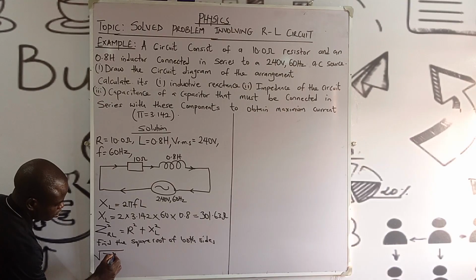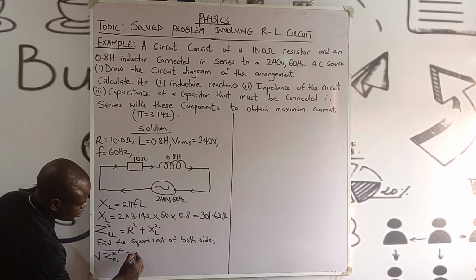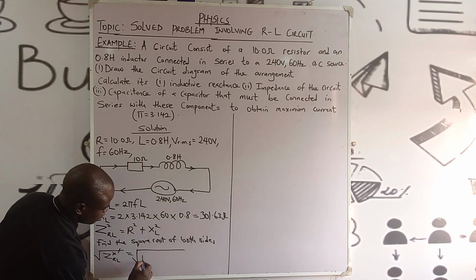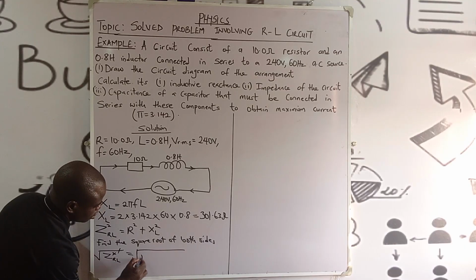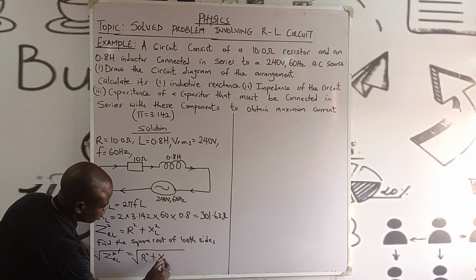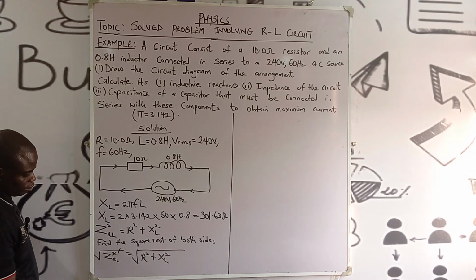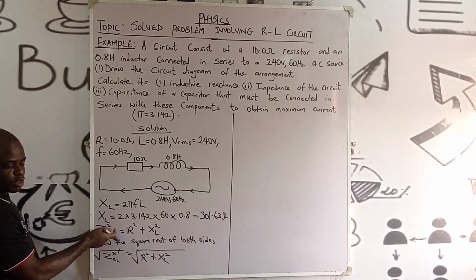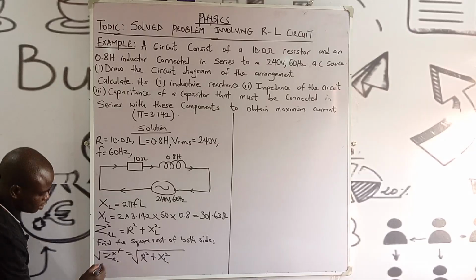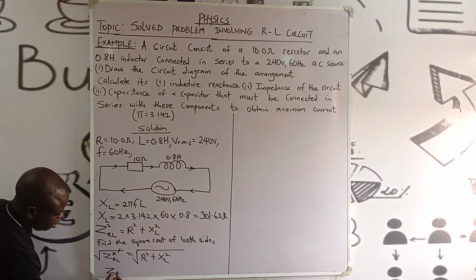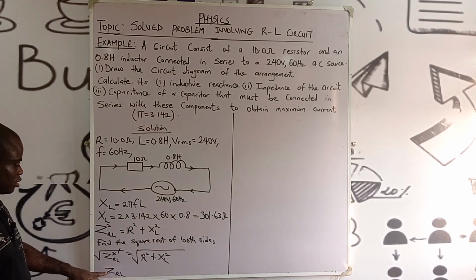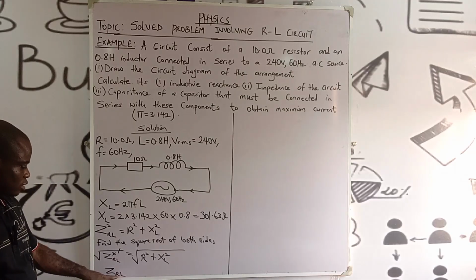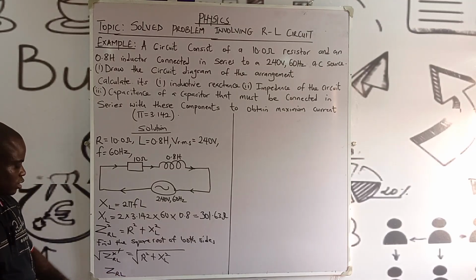ZRL equals the square root of R squared plus XL squared. You should be familiar with this from Pythagoras' theorem in mathematics. ZRL is the impedance, through the resistance of the resistor and the inductance.